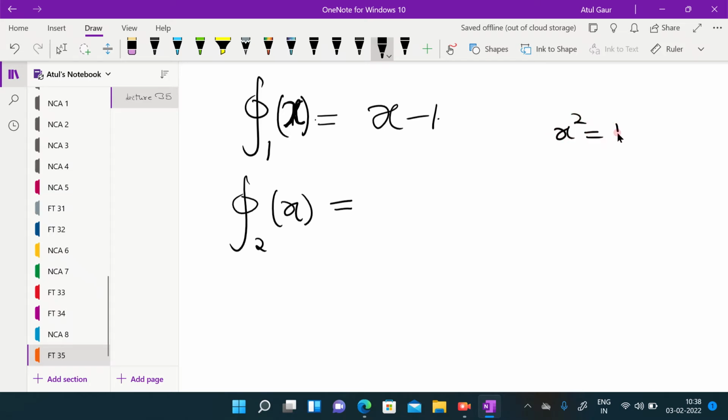See, if you consider the equation x squared is 1, what are the roots? 1 and minus 1. What is the order of 1? 1. What is the order of minus 1? 2. So this is the only element in the field whose multiplicative order is 2. Is that fine?